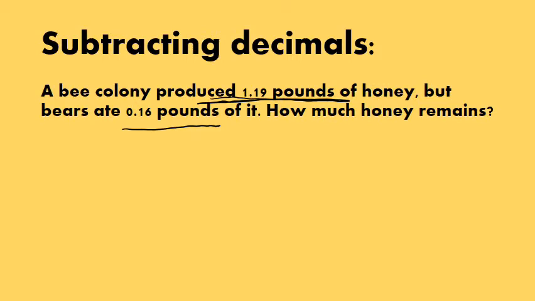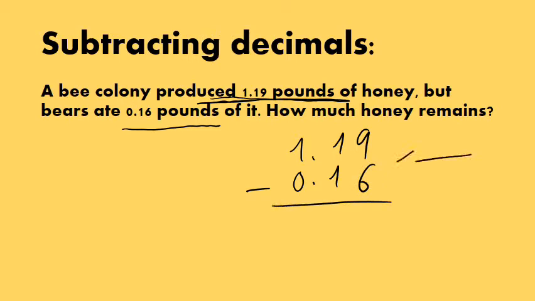So this shows that we must subtract 1.19 minus 0.16, but the points must be vertically under each other.